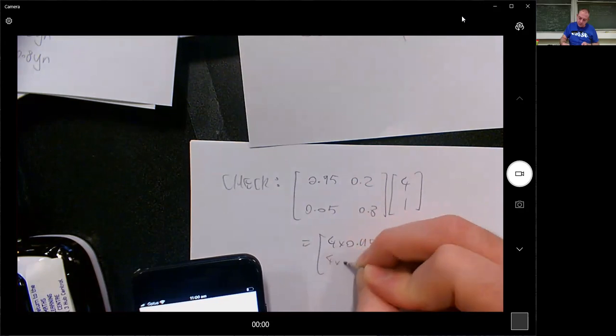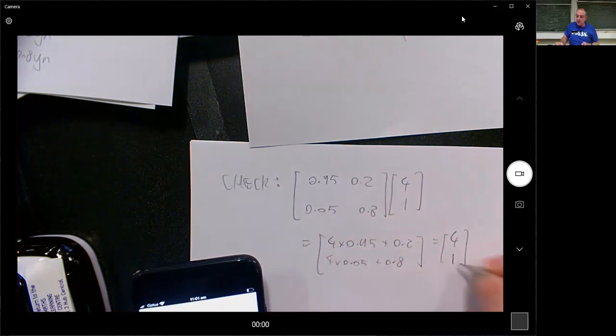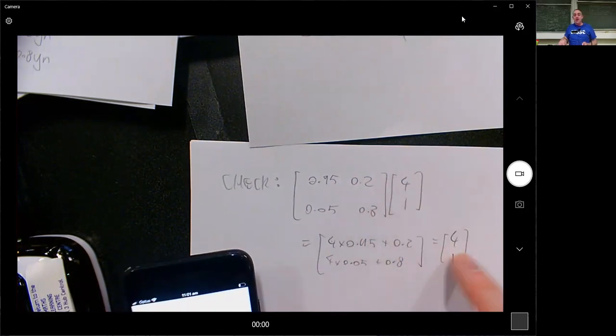And I'll have 4 times 0.05 plus 0.8. Well, that would be 0.2 plus 0.8, so that really is 1. So yes, it does come out to 1 times the original, and so it really is an eigenvector.